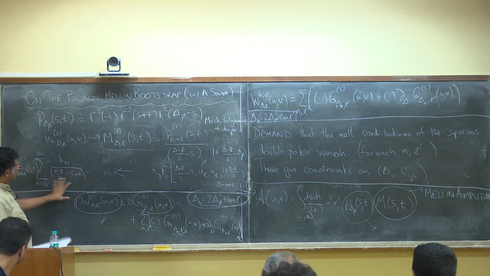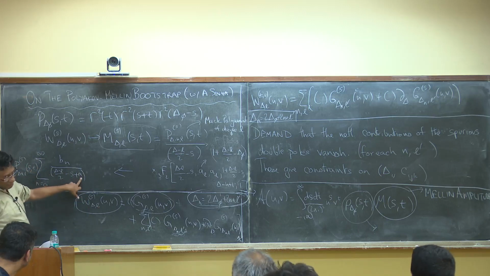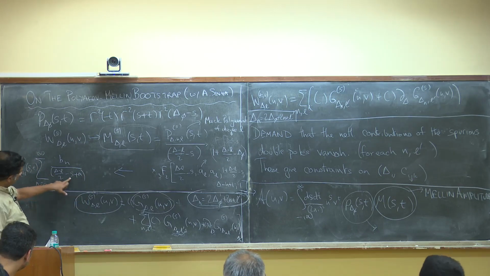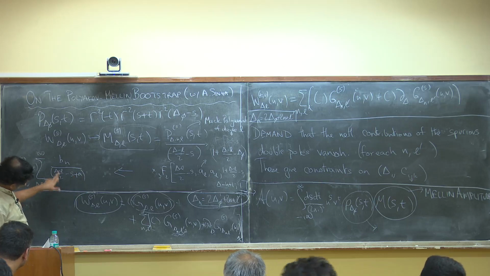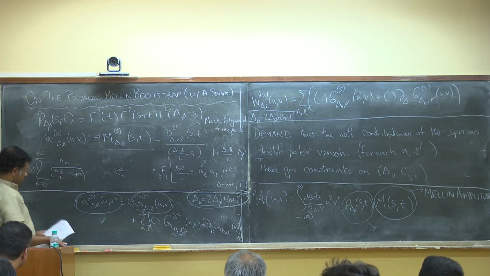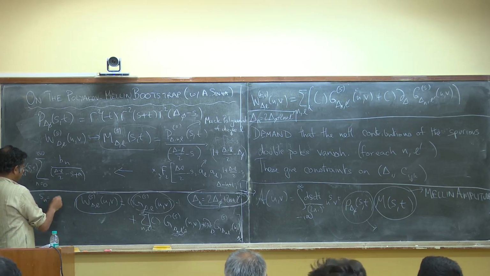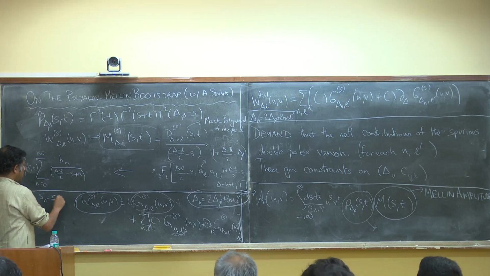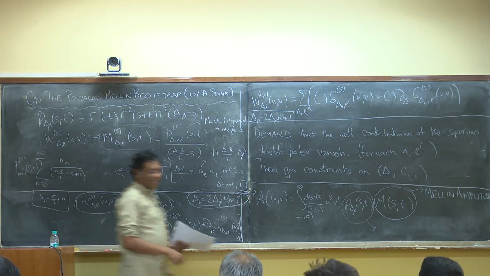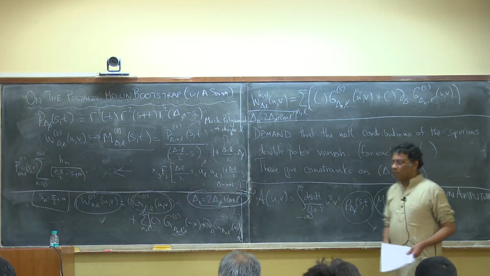It is a sum over poles in the S variable, which are indexed by a single integer n. So the poles are at S equal to delta minus L, the twist, by 2 plus n.